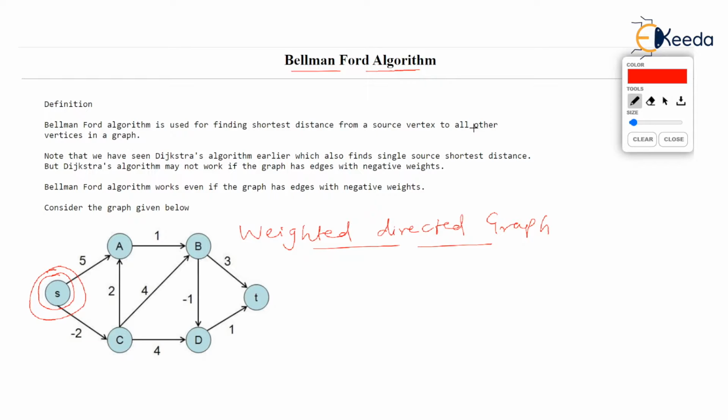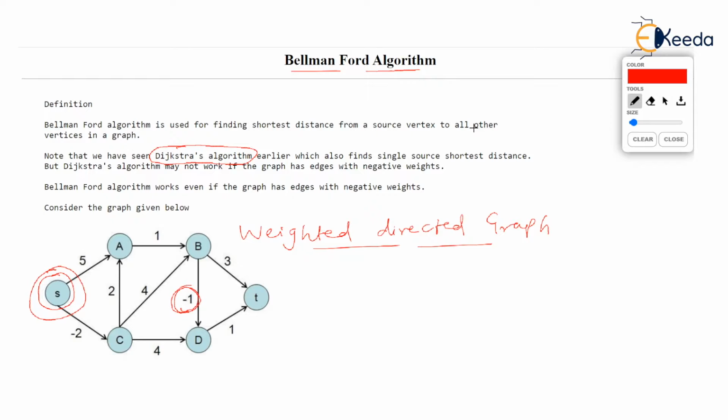But hello, we have already solved this problem by using Dijkstra's algorithm in our earlier videos. Dijkstra's algorithm can also find the shortest distance from source to destinations. But there is a problem with Dijkstra's algorithm. This algorithm will not work if there are some negative weights. If there are negative weights on any of the edges, the algorithm may not work.